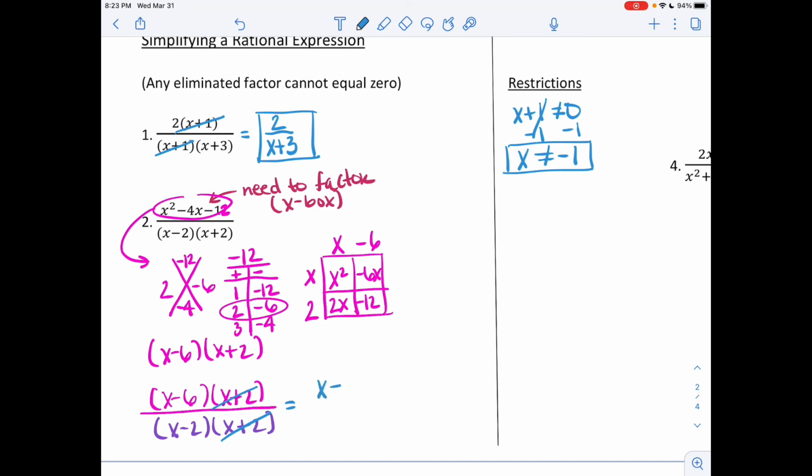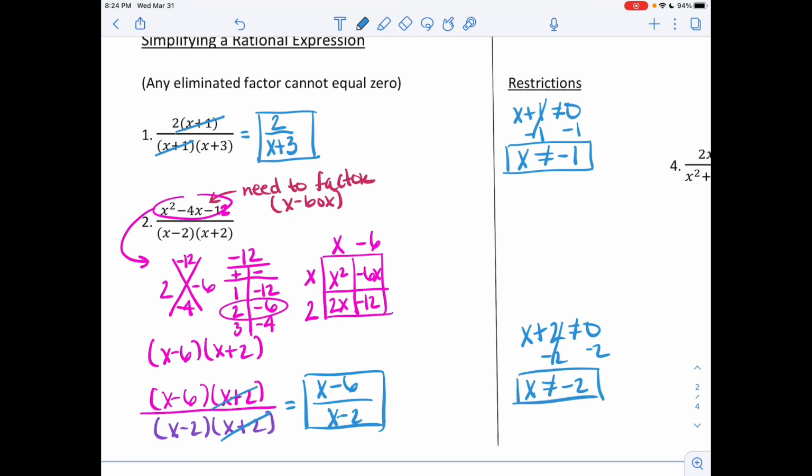And so we have x minus 6 over x minus 2 left, and that is our answer, but now we need to look at restrictions. I crossed out just now an x plus 2, so I need to account for that in my final answer. I'll say x plus 2 can't equal 0, subtract 2 from both sides to get x cannot equal negative 2, and that's part of my final answer.